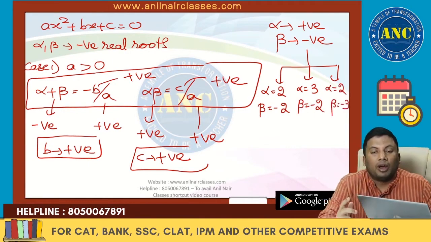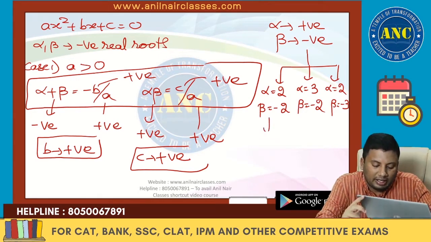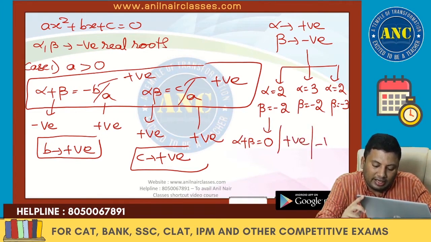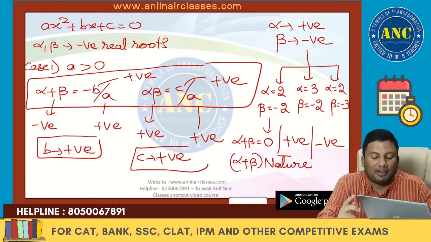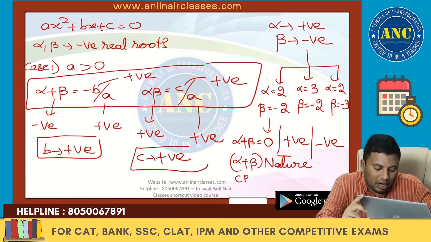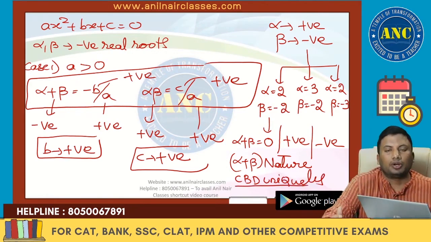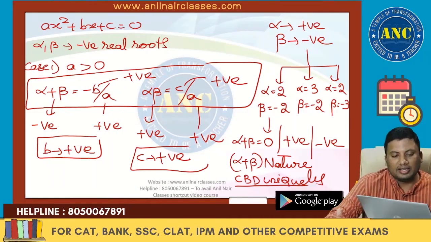So if one is positive and one is negative, at times the sum of the roots is 0, at times positive, at times negative. So the nature of alpha plus beta, unless and until I know the values of alpha and beta, I cannot determine uniquely. Please make a note of it. Don't take one case and try to generalize it.